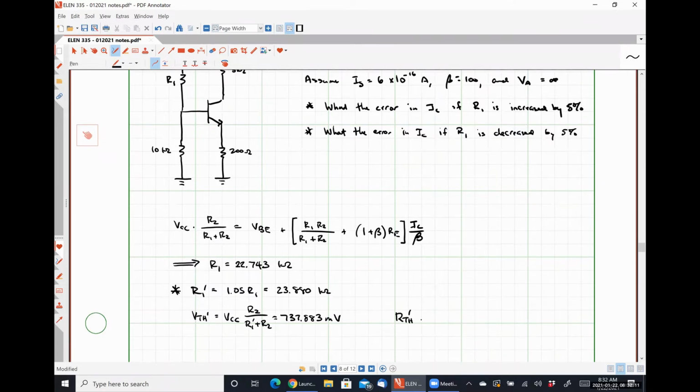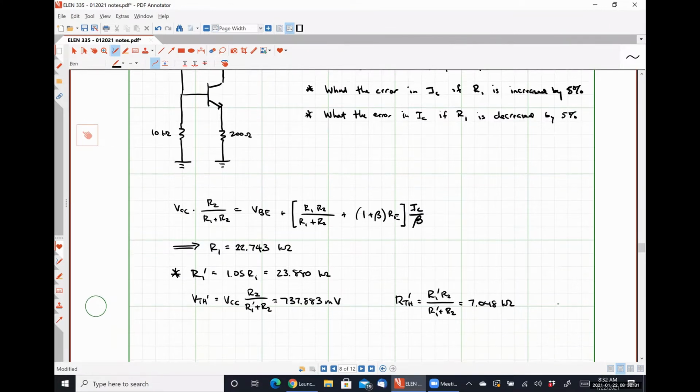R Thevenin prime, which was R1 prime R2 over R1 prime plus R2, I got to be 7.048 kiloohms.